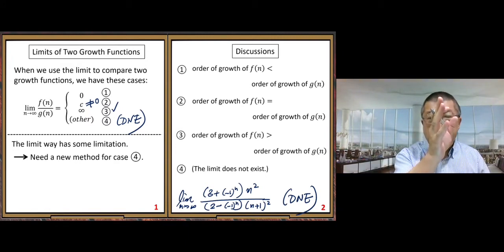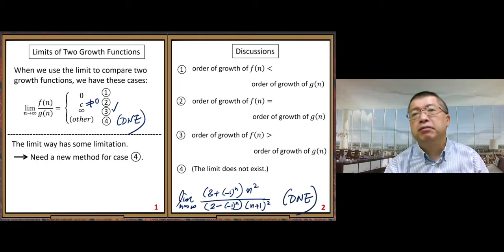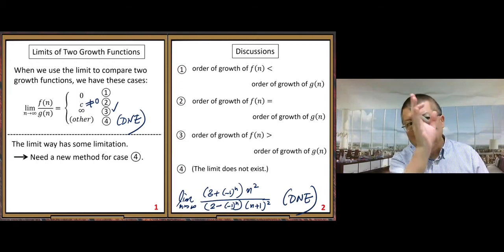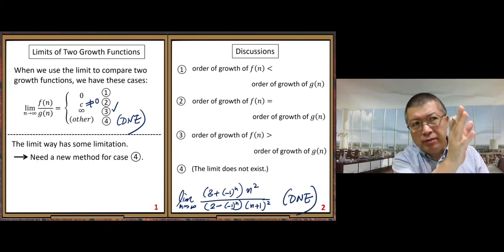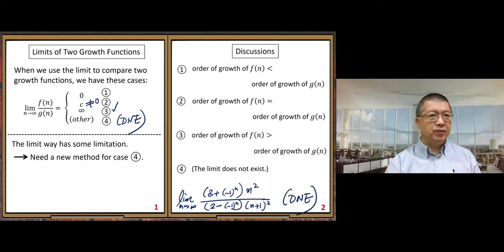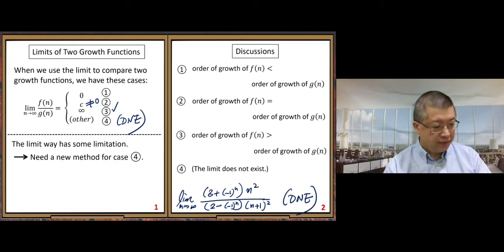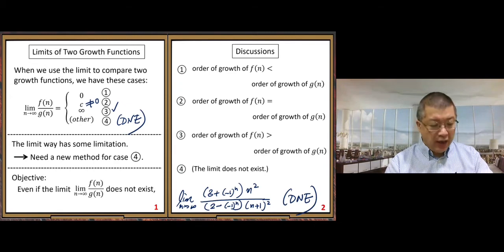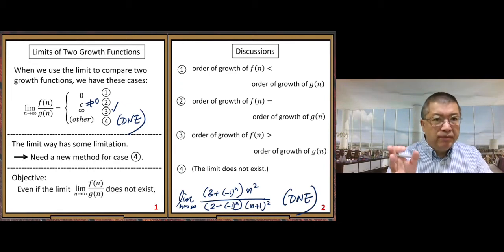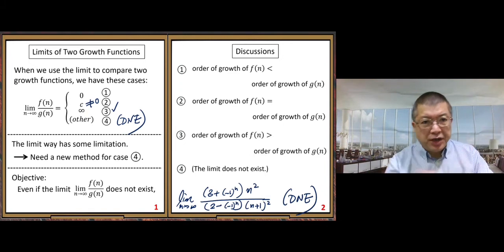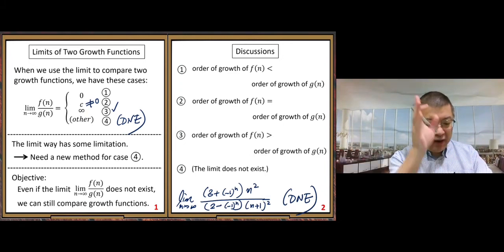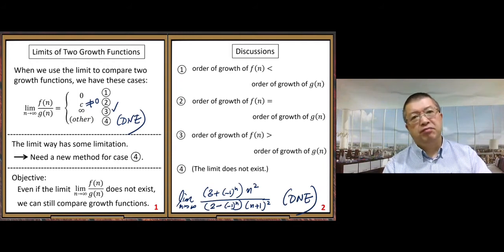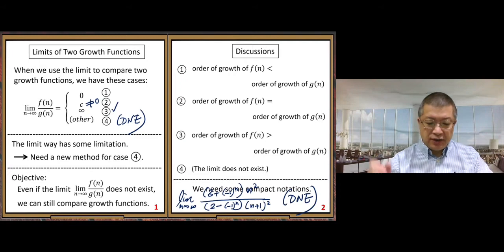In this case, we cannot use the limit technique, so we have to find a non-limit method. That's what we need to do next. The objective: even if the limit does not exist, we can still compare growth functions. The question is how to do it.